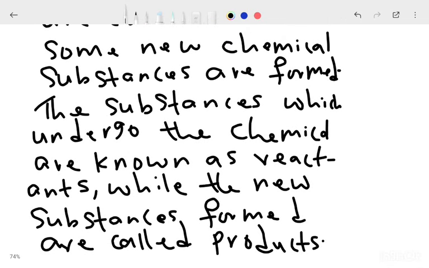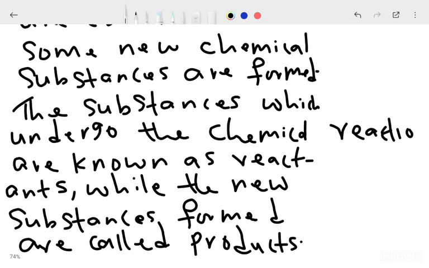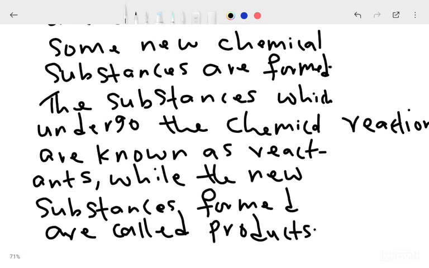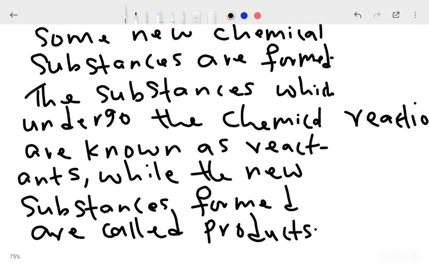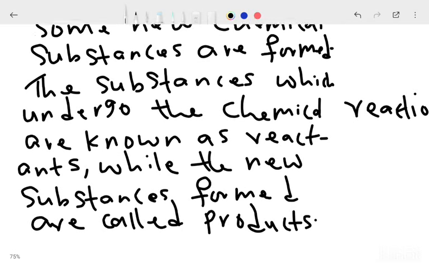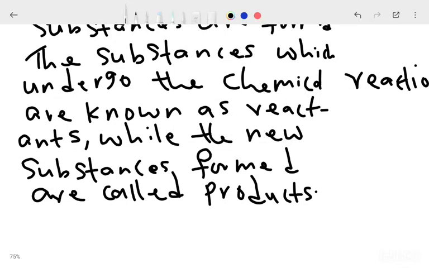You can either put chemical changes or chemical reaction. So the substances which undergo the chemical reaction are known as reactants, while the new substances formed are called, or are known as, the products.